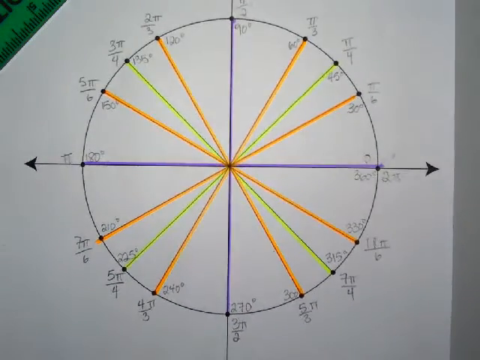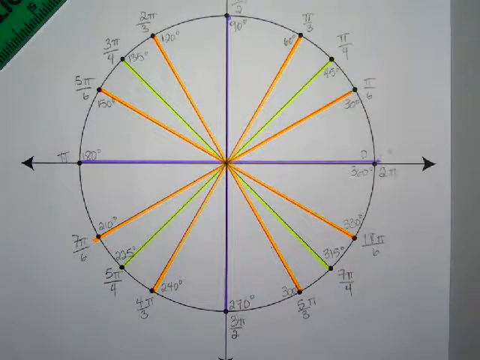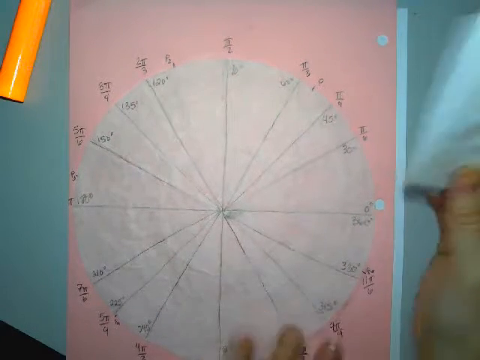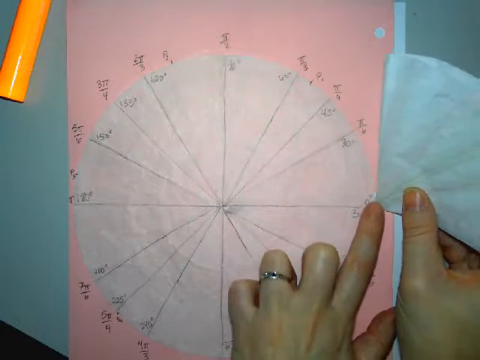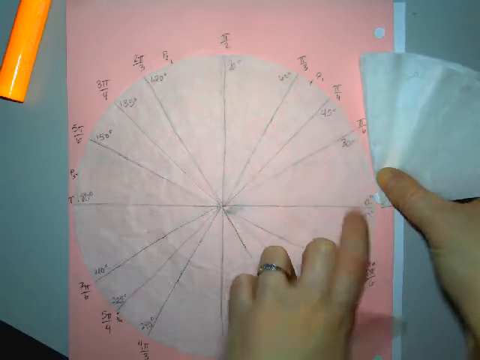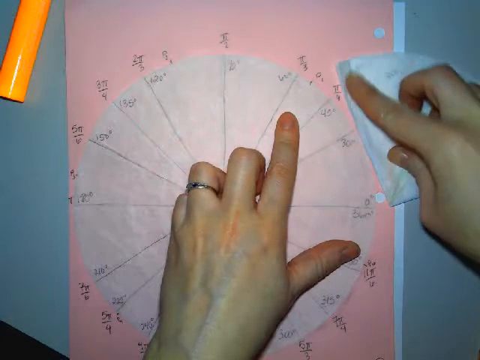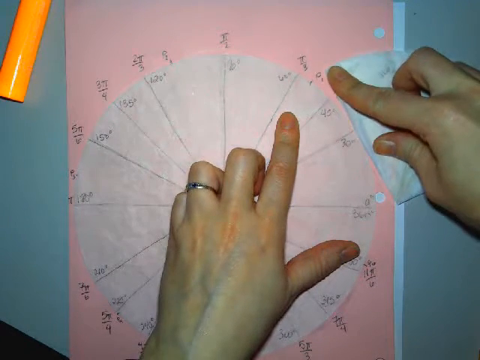So the curved distance around a circle that is equal to the length of the radius.